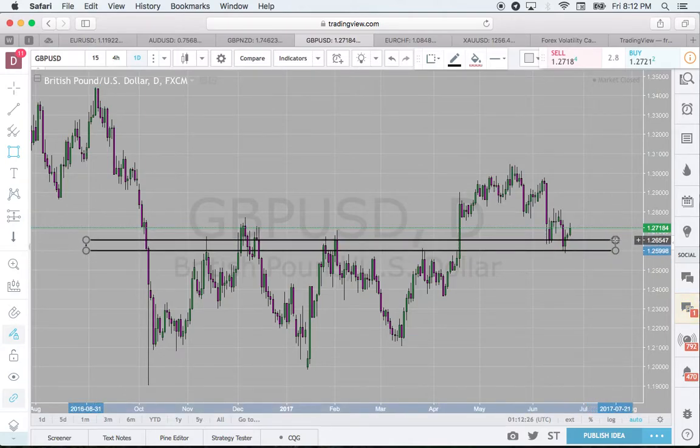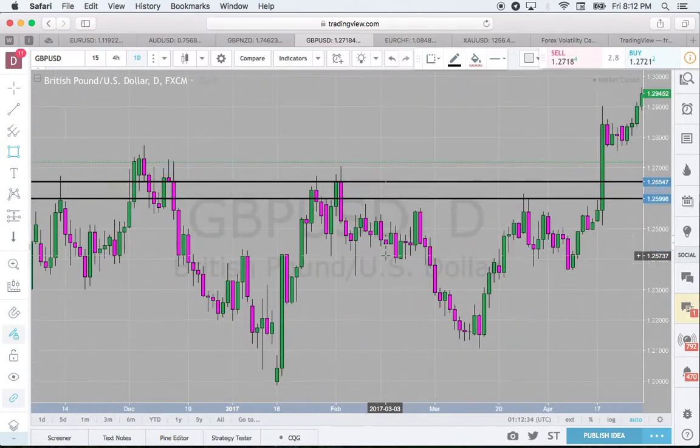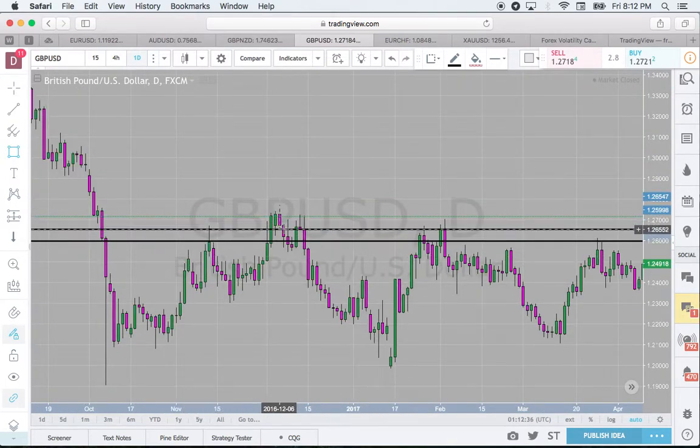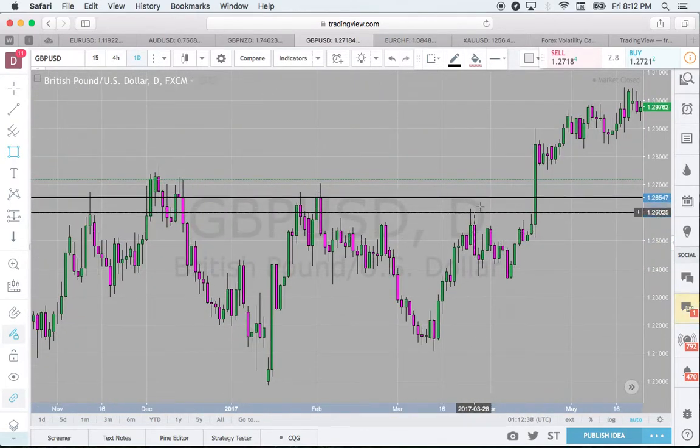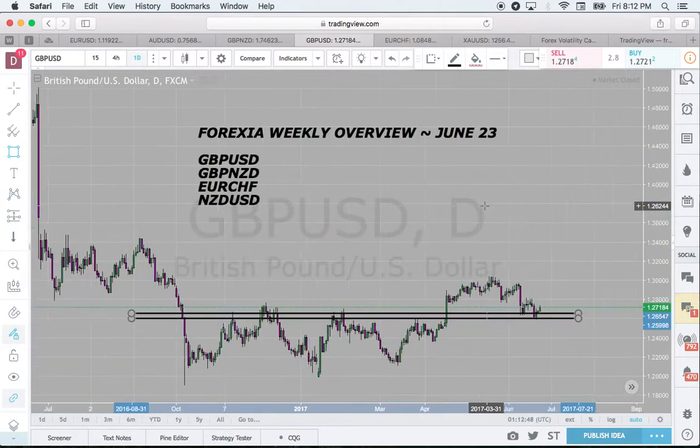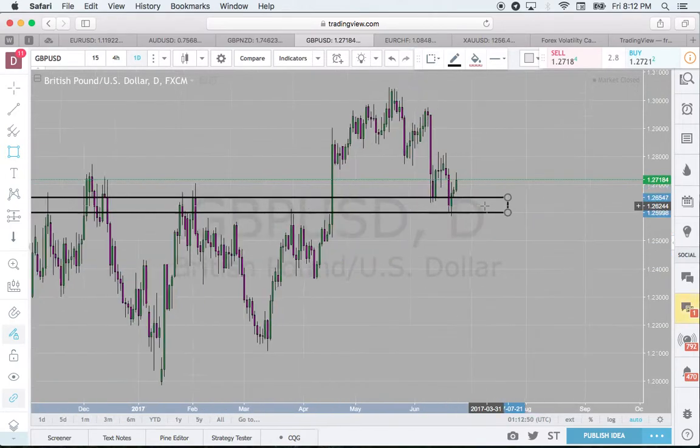And why is that? Because we can see this is a liquidity zone. The dealer has spiked in this zone before for liquidity. So obviously it's somewhat expected that he will do it again.